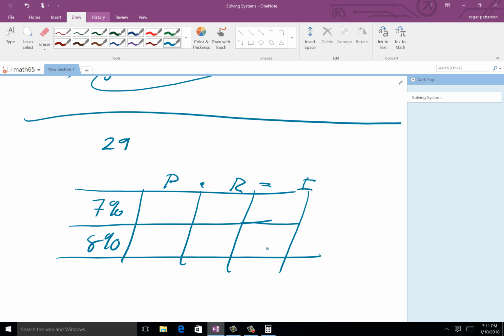Okay, so they're giving you this chart, all right, and they're paying 7 and 8%. And if you can find something that pays 7 and 8%, you better invest in it, because I don't think there's anything out there that hardly does that. All right, these problems are definitely not realistic. Okay, so they put an X and a Y here, and they put a 0.07 here, and a 0.08 here.